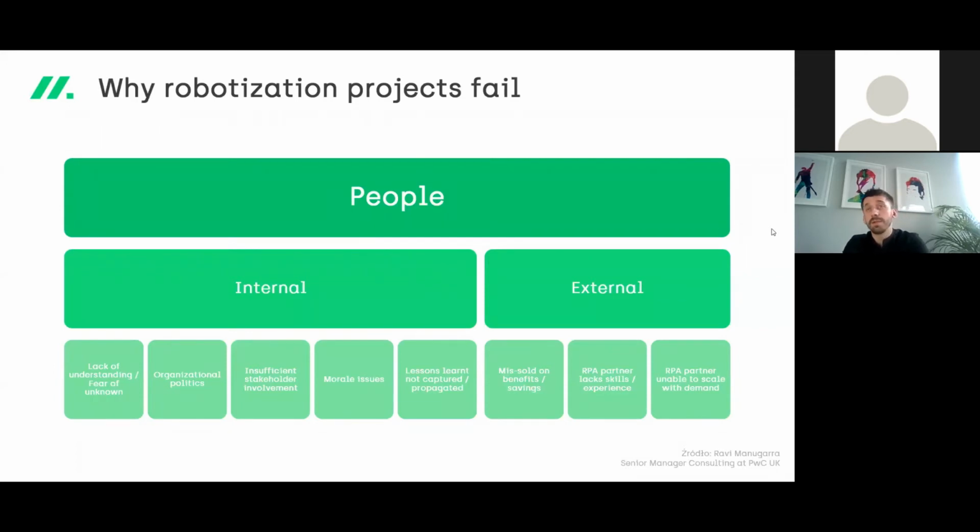The second element is people, and here we can also consider internal and external factors. Internal, within the organization there can be a lack of understanding or a fear of the unknown. Then within the organization we can have some security policies or other types of policies, and for example insufficient stakeholder involvement.